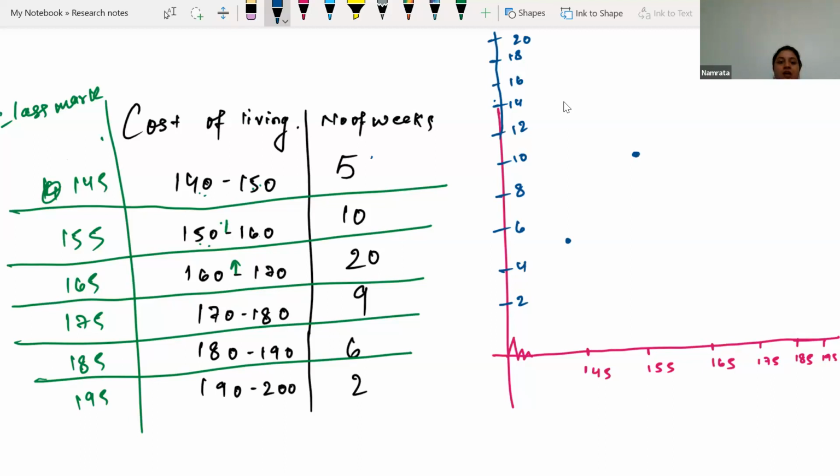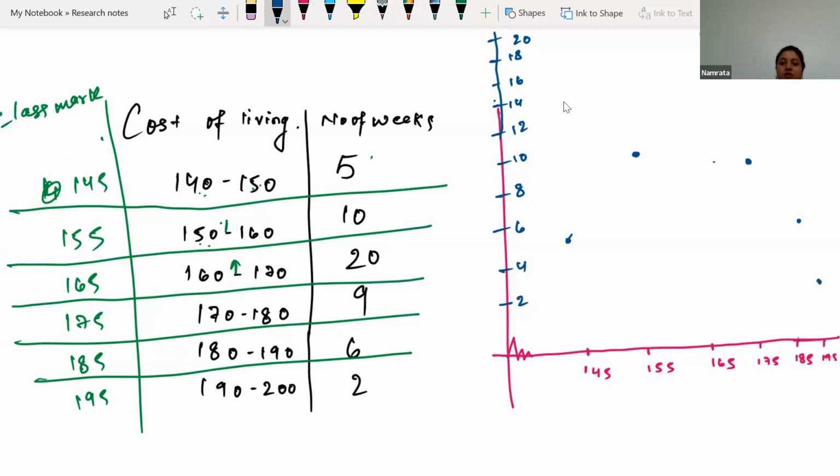Next one is 165 and the frequency is 20. Next one is 175 and the frequency is 9. Then next one is 185, frequency is 6. And next one is 195, frequency is 2.